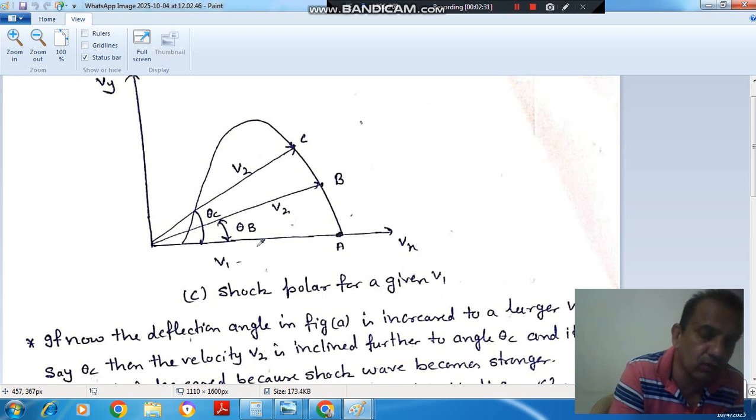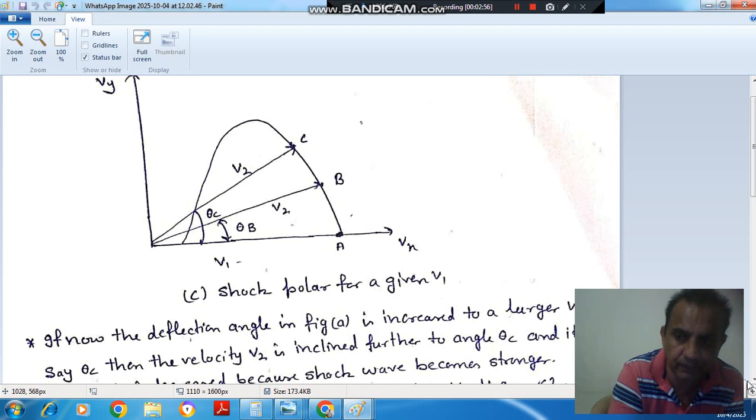Now we will non-dimensionalize the things. So here, as shock is an adiabatic process, A star or the characteristic velocity will remain the same before and after the shock. So we can divide the velocity V1 by A star as well as velocity V2 by A star, because A star is the same, and then we can draw the graph. Okay.